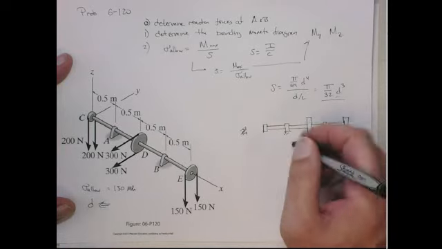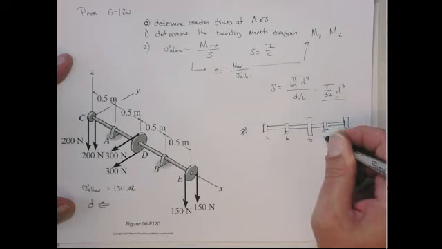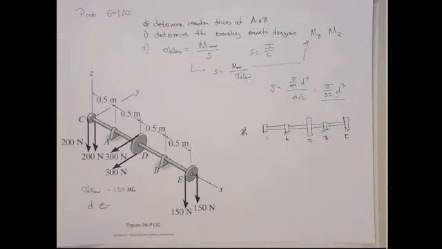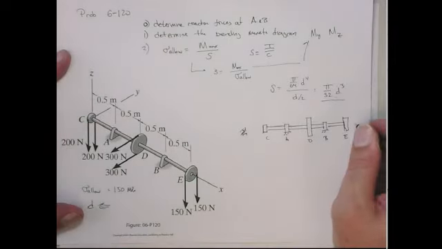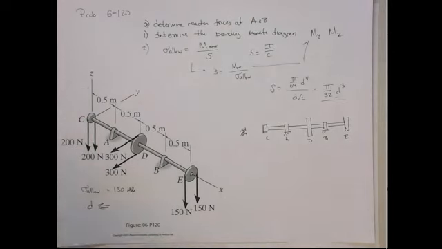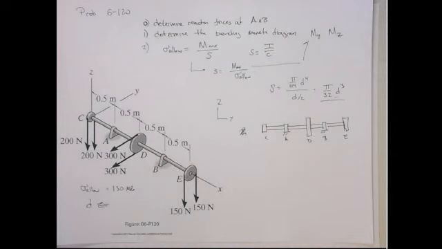All right, so this is point C, A, D, B, and E. We're going to do this in the XZ plane, right?